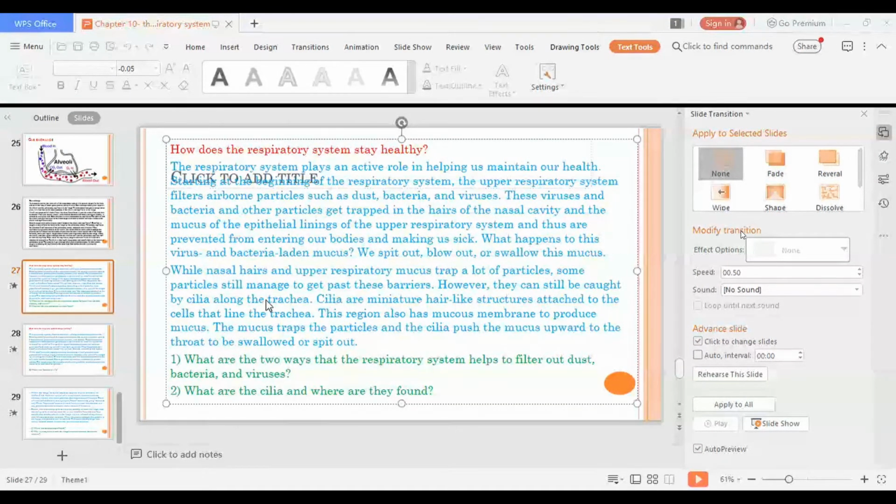So cilia is the third way to help the body trap the particles. They can still be caught by cilia along the trachea. So what is cilia, right? Number two, what are the cilia and where are they found?